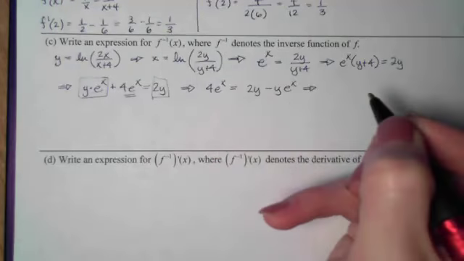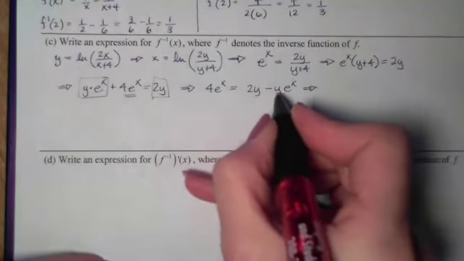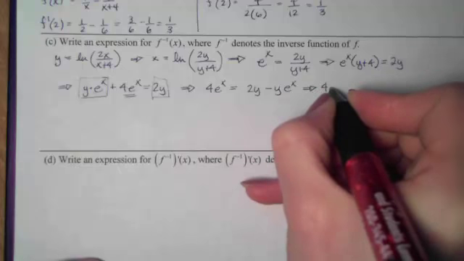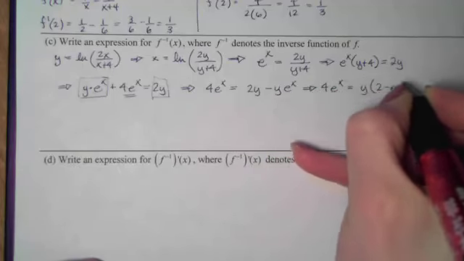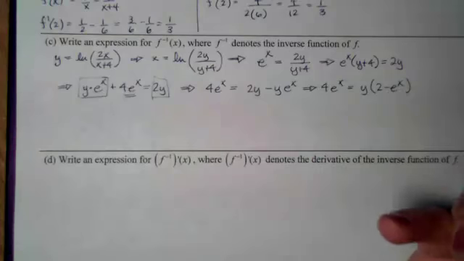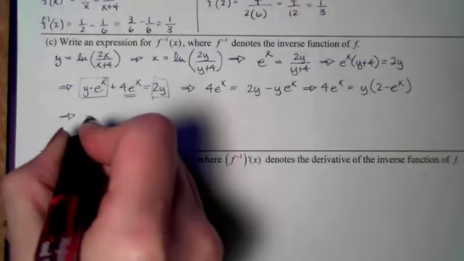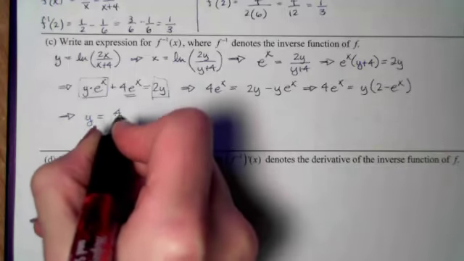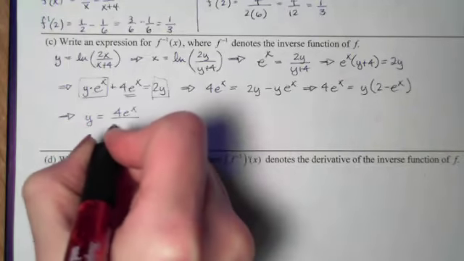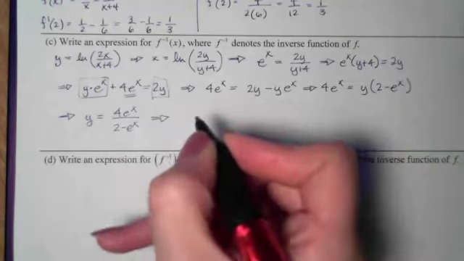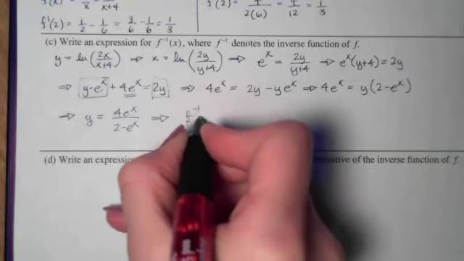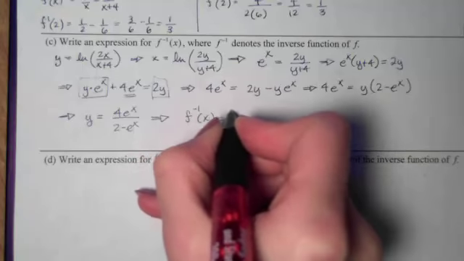Now, just like I did in section 3.6, I'm going to factor out the y so that it's written only one time. Because it's written once, I can isolate it. So I'll get y equals 4e to the x on top and 2 minus e to the x on the bottom. Now that I've isolated y, I can relabel it as f inverse.